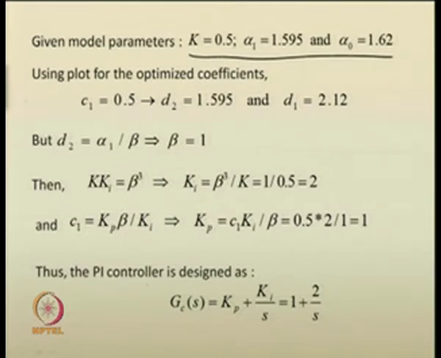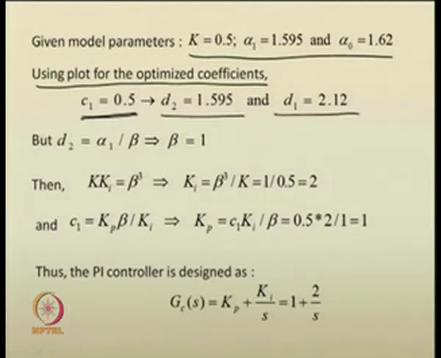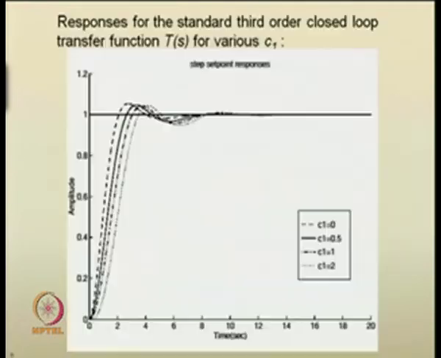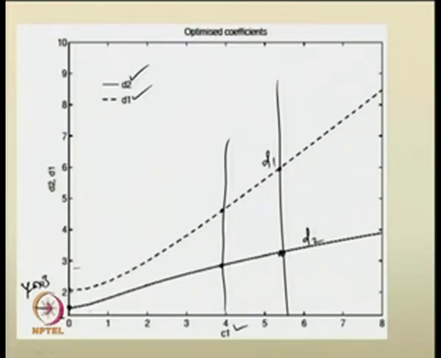Then, substituting these values and using the plot for the optimized coefficients, when C1 equal to 0.5, D2 is 1.595 and D1 equal to 2.12. So, this is what we get from the plot.